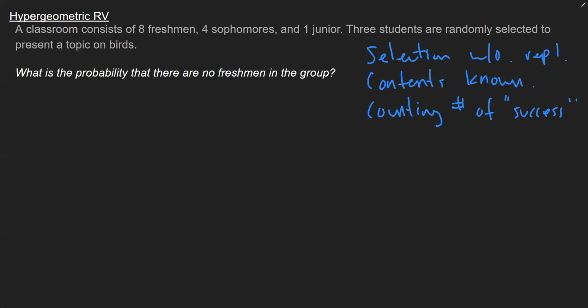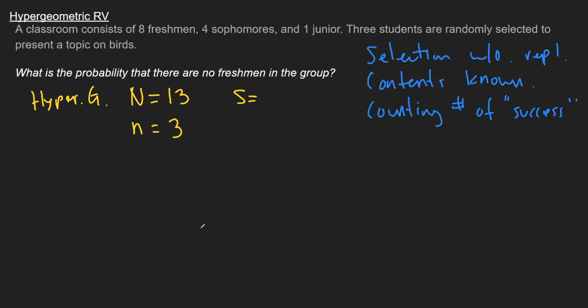So if I stay consistent with the notation in your course, then the hypergeometric has these parameters that you want to be able to go through. So the uppercase N is the total number of objects, in this case, students we have in our pool. So we've got 13. The lowercase n is always going to be the sample size, or the number you're selecting. In this case, it's 3.